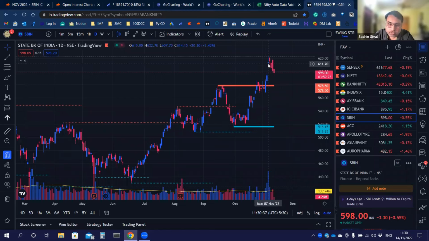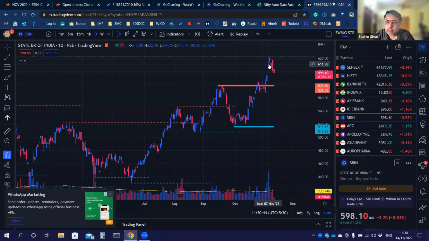What happened on 7th of November? It made a high of 622.70. At market open, SBI was trading around 620, and our trade was about 19,000 rupees in loss.